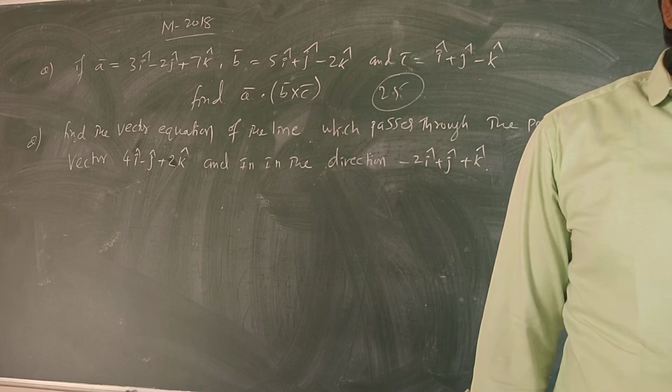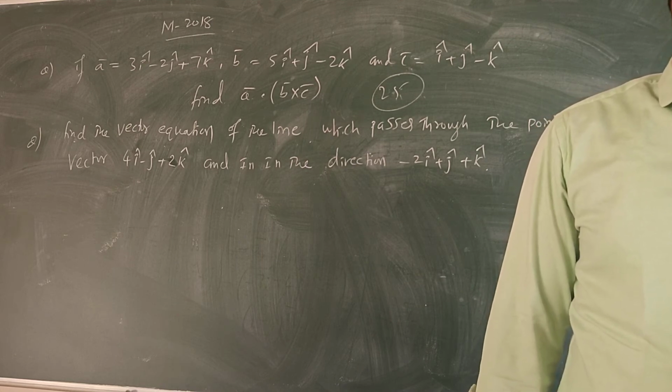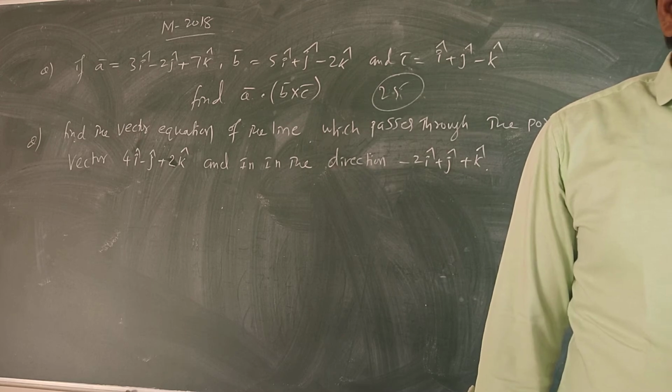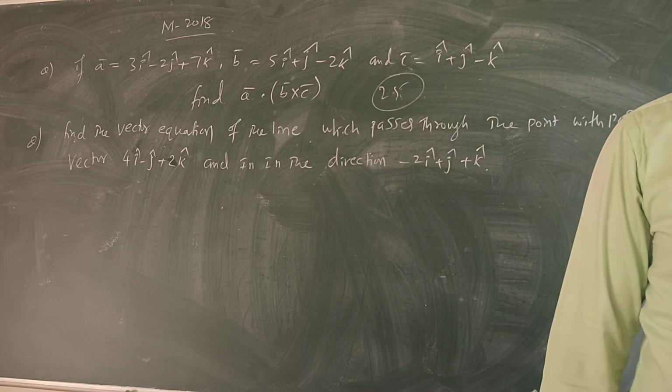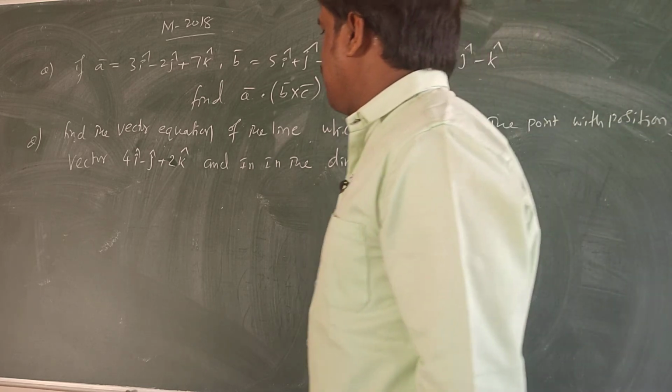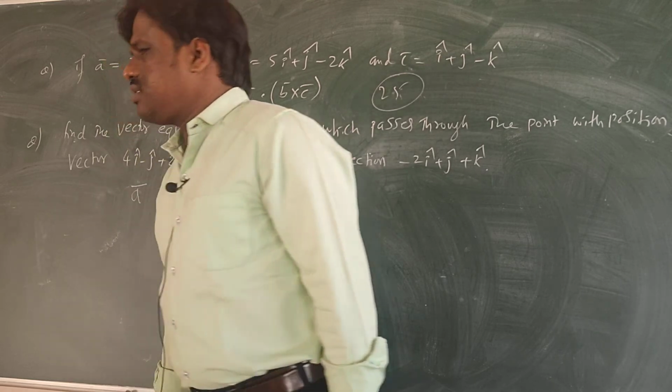The vector equation of a line passing through a point with position vector A bar.